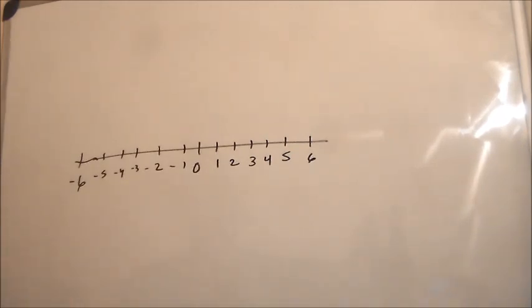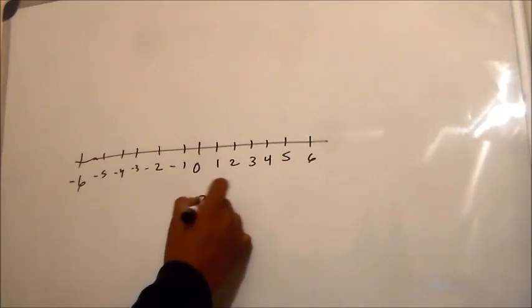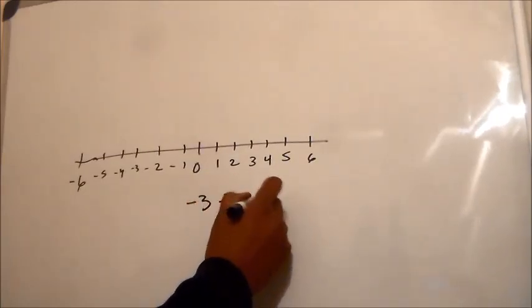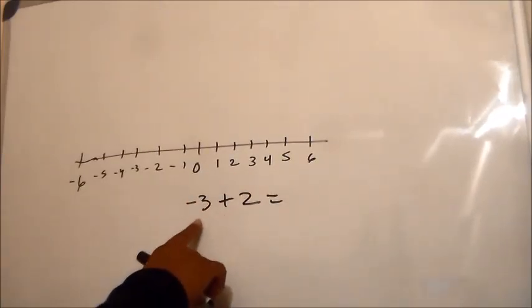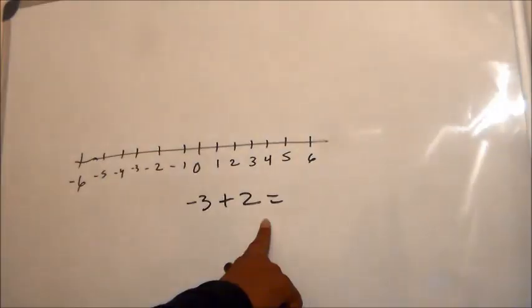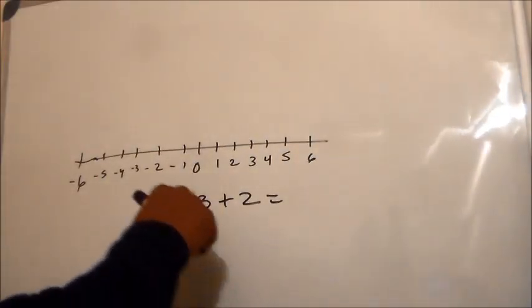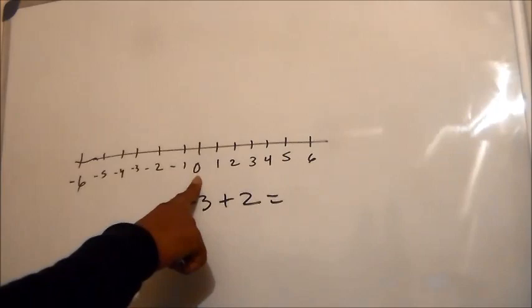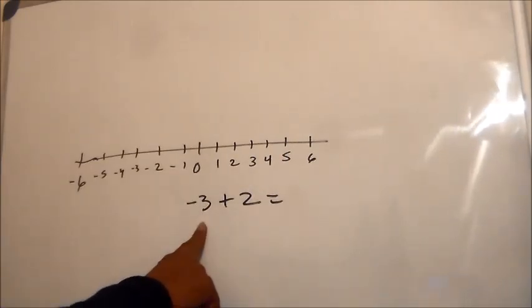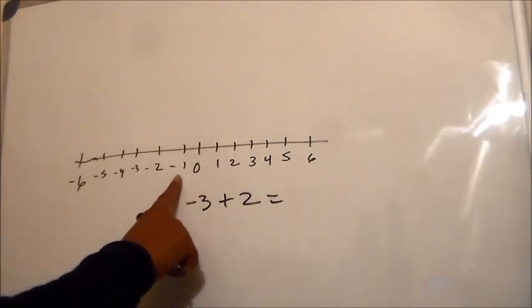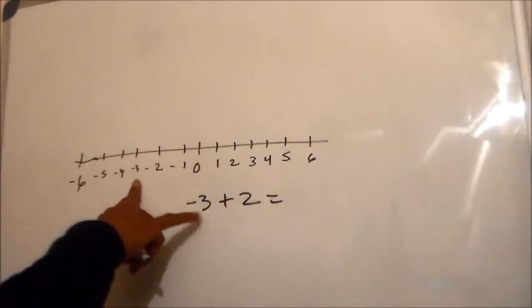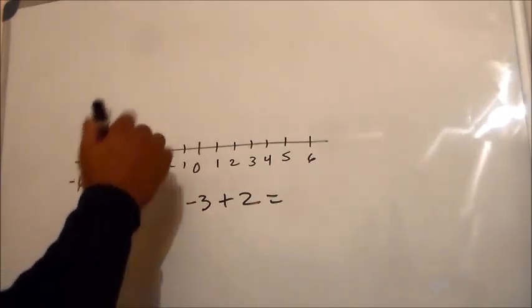So, that being said, when we have certain questions, let's say -3 plus 2. We'll just imagine we're at the number line here, and -3 is here. So we go -1, -2, -3. We go 3 points in the negative direction.